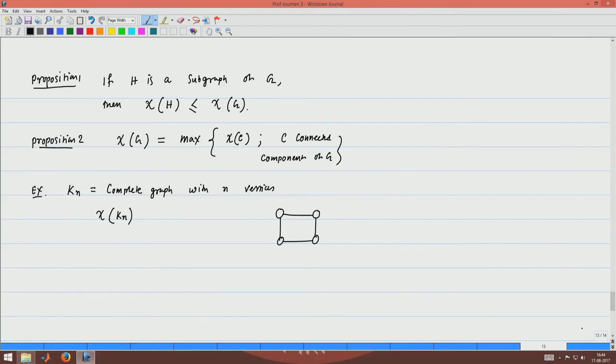It is easy to see that you need 4 colors to color K4, all the colors will be different. Okay. So, if it is red, you have to use a different color for the other vertex, and similarly for this one you can't use red or blue, and finally for this one also you have to use a different color. Okay. So, chromatic number of Kn is equal to n.